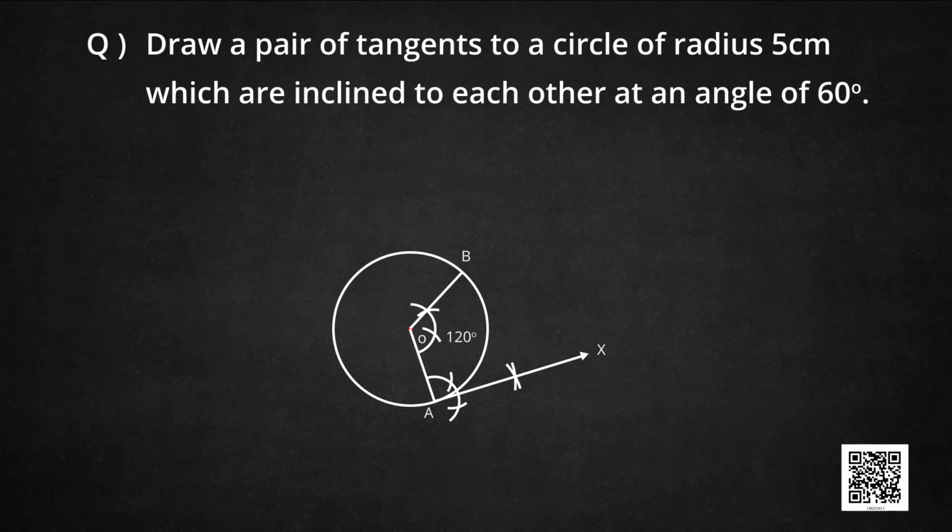Then at point B, draw another angle of 90 degrees and get ray BY such that angle YBO is equal to 90 degrees. The point where the two rays meet, we mark as point P. Children, PA and PB are tangents to the circle and they are inclined to each other at an angle of 60 degrees.